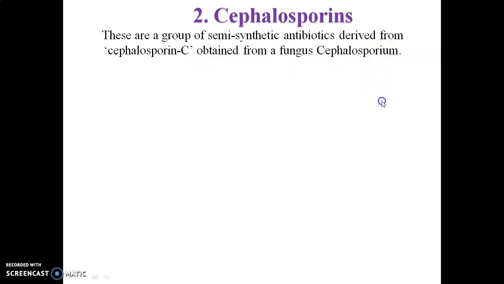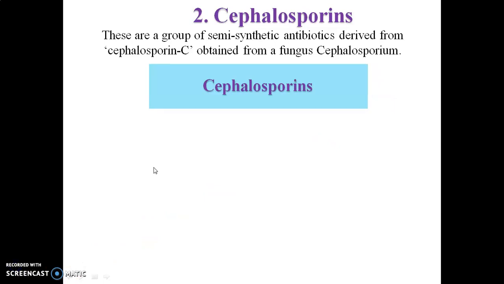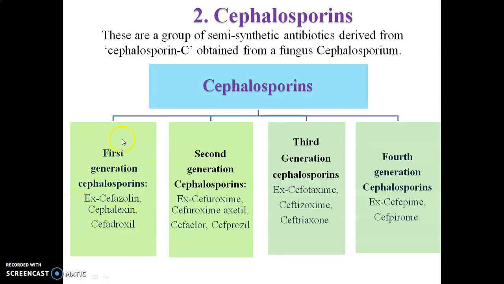Then the classification of the cephalosporins: there are 4 major classes, that is, first generation derivative, second generation derivative, third generation derivative and fourth generation derivative. Further continuous modification takes place in the cephalosporin basic moiety to get superior derivatives.